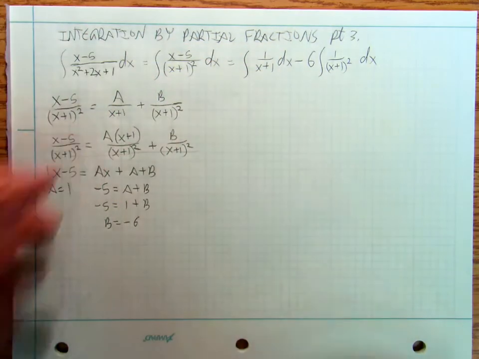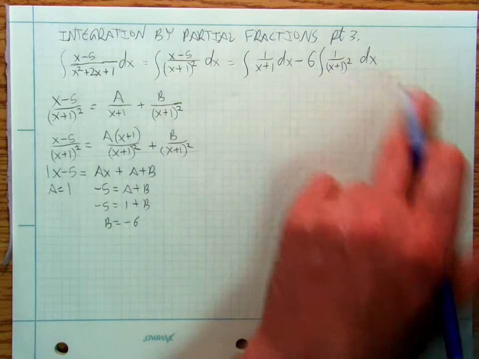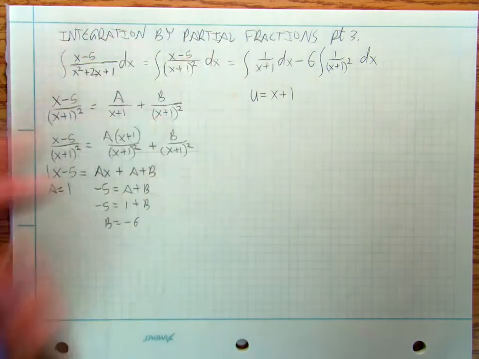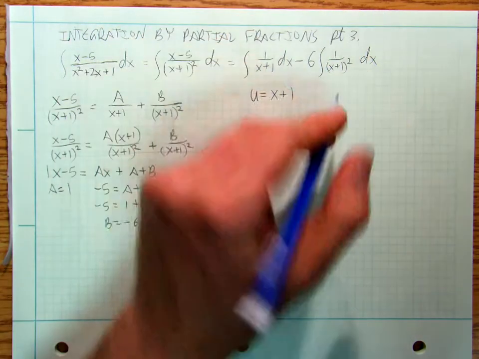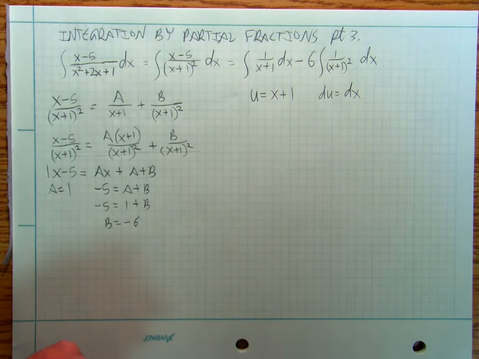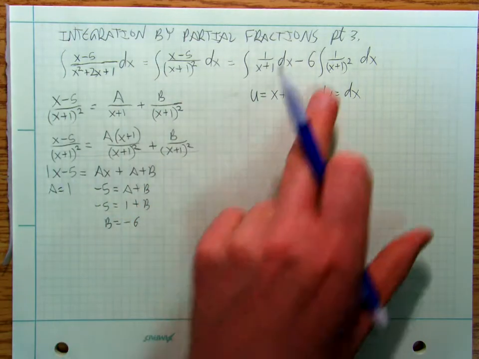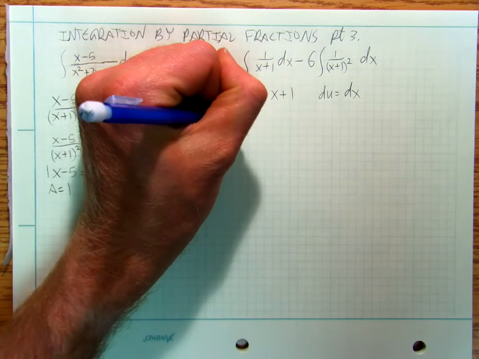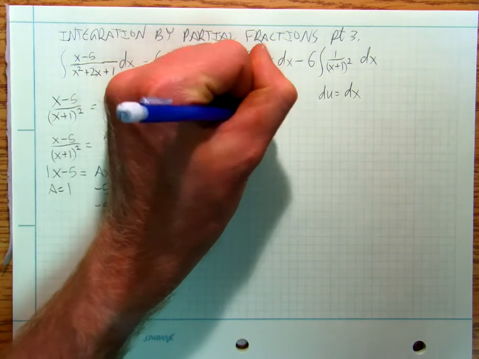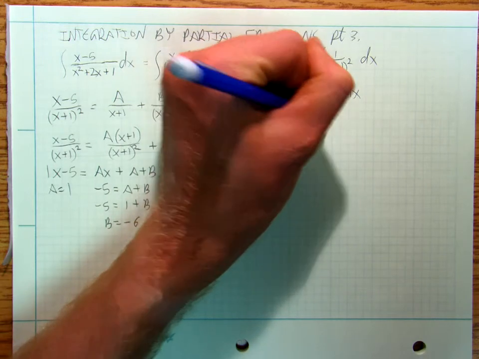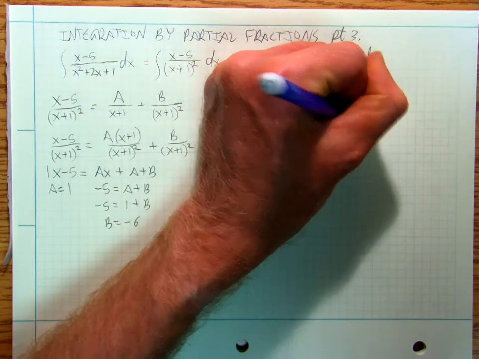Well, let me just change up the whole thing. For all of these, let's make u equal to x plus 1. U equals x plus 1, du equals dx. That works for both of those, and I can rewrite this one a little bit differently. So I can write this one as 1 over u du minus 6 integral of u to the negative 2 du.